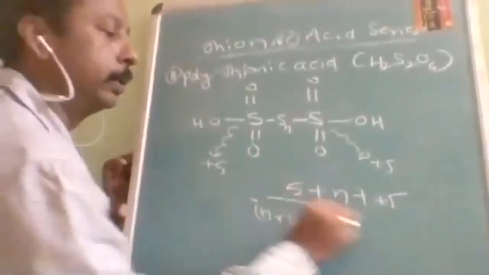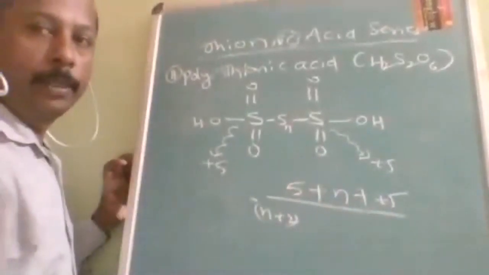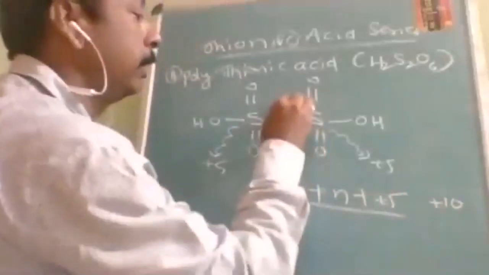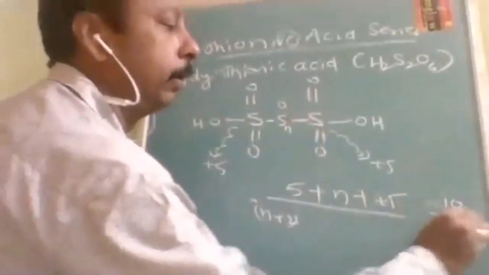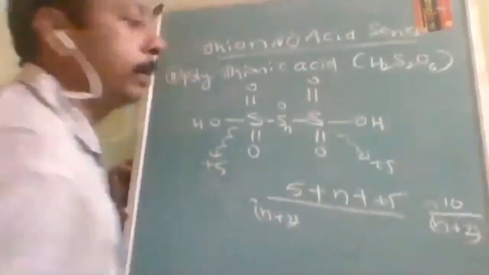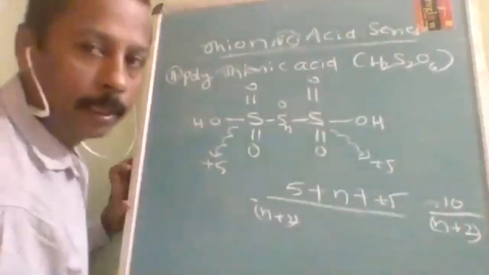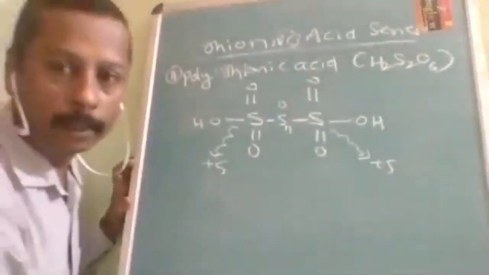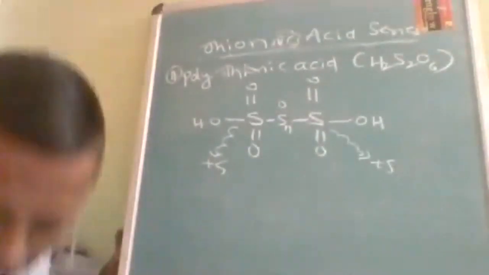So the total oxidation state is going to be plus 10, as the middle oxidation number will be 0. Plus 10 by n plus 2. This is the average oxidation number of sulfur in polythionic acid. Is it understood?